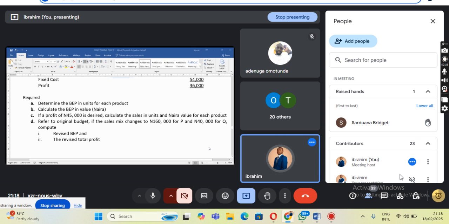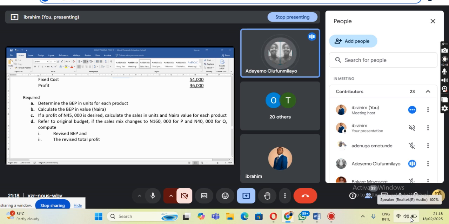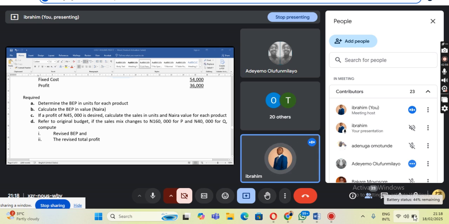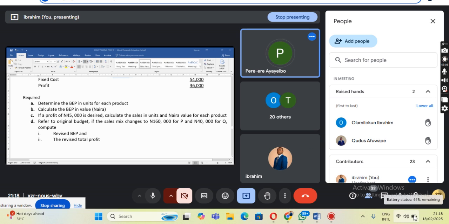If you divide by CMR, value. Okay, hold on. Fumi. Yes, to get it is fixed cost plus targeted profits over weighted CMR. No, I mean I want to get the units under the single product. Targeted profit all over contribution.